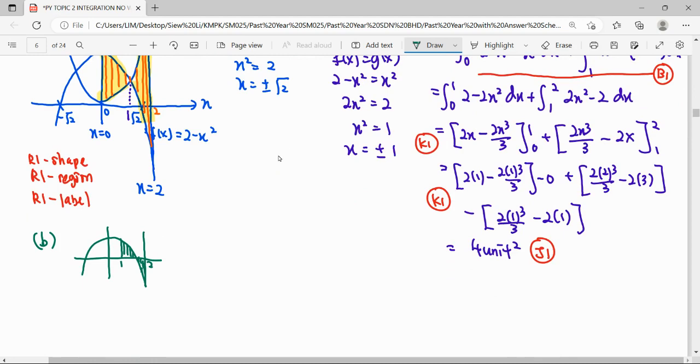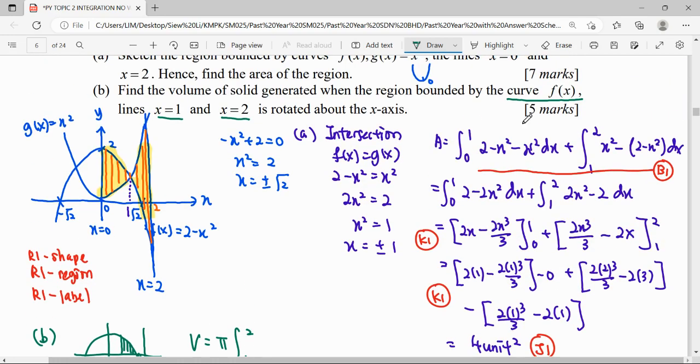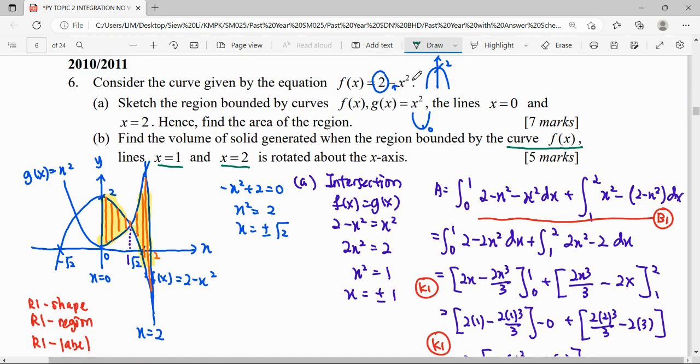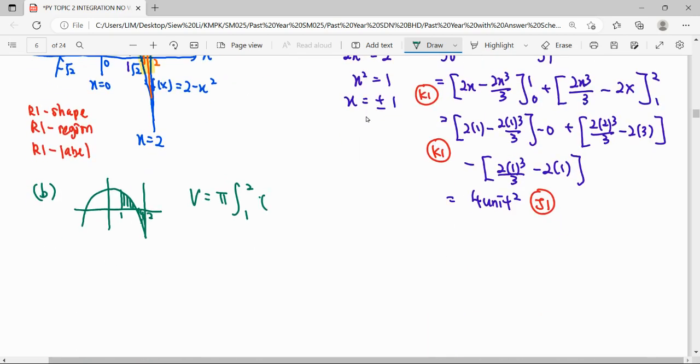To find the volume, the formula will be pi times the integral from 1 until 2 of this function squared, with respect to x.